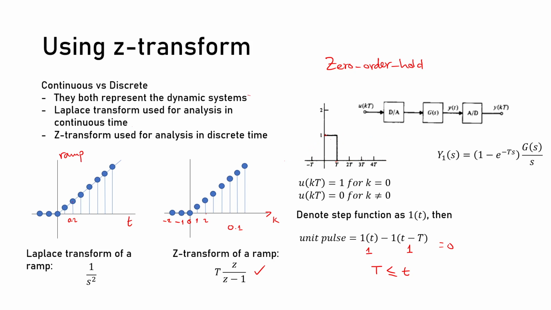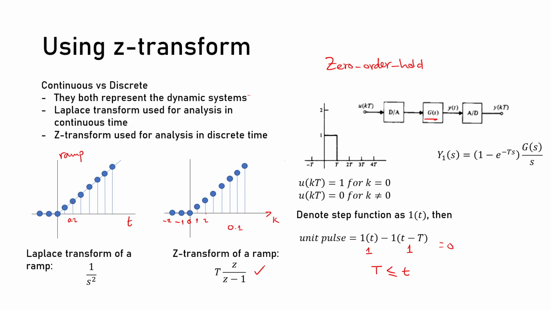Okay, now we have the input as a unit pulse like this. Then we want to check, for each unit pulse, how the output looks. I mean, what kind of formulation can be used to formulate the output when you already know the transfer function as G(s), right?